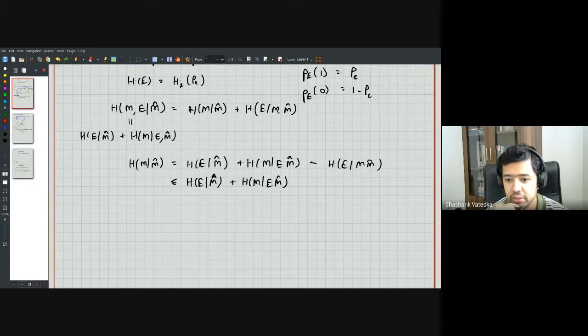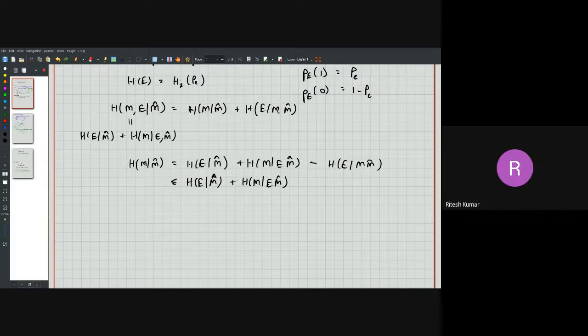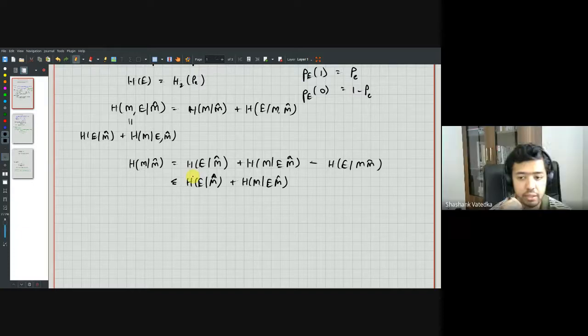So why is this inequality true? Sir, for equality, we are subtracting something and eliminating, we are starting this h of E given m. But what property am I using over here to get this inequality?